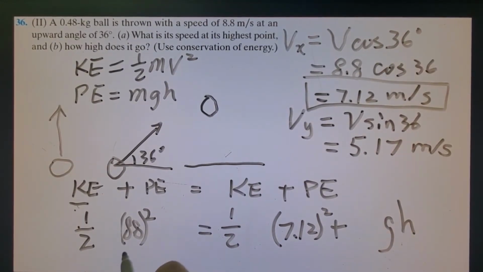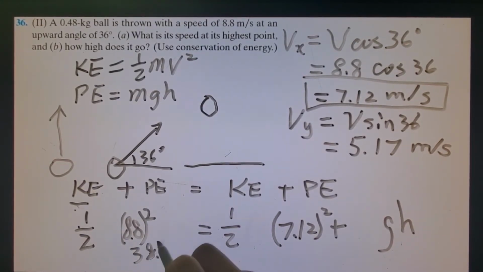So I plug in everything and cancel out the m, and try to solve for the h. Half times 8.8 squared, so on the left side I have 38.72.